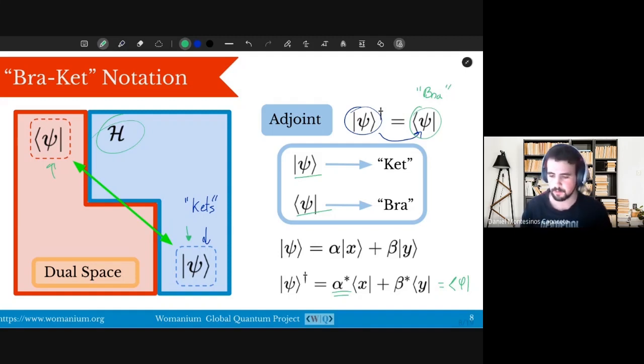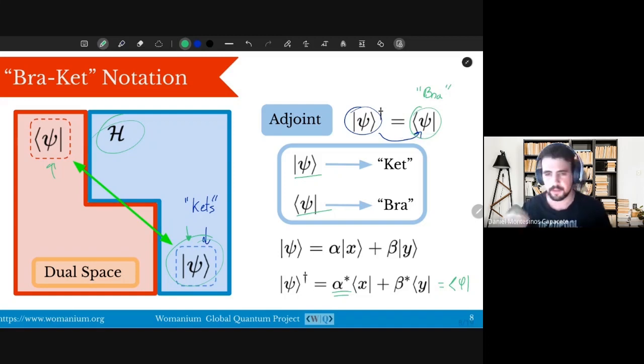So the idea is you have your kets that are the vectors in your Hilbert space, and you can also define the dual space, that is a space that has some relation with your Hilbert space. So you can find a vector in the dual space that corresponds to another vector in your Hilbert space, as I have represented here, and the vectors in the dual space are the bras, and we write them in this way.